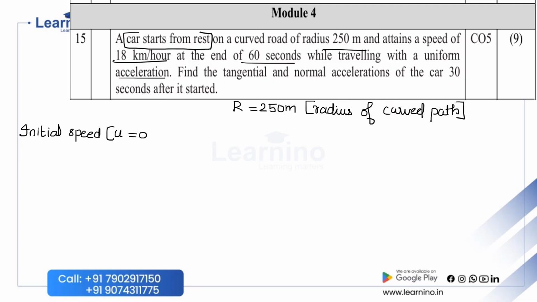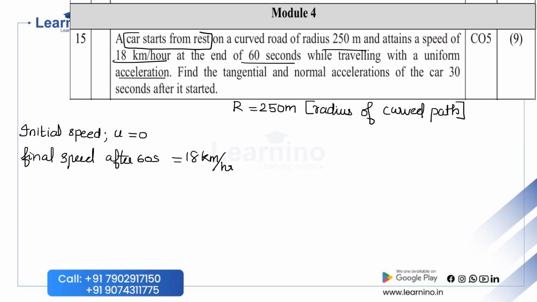So after 60 seconds it attains a uniform speed. So we can write the final speed after 60 seconds. What is the final speed after 60 seconds? The final speed after 60 seconds is 18 km per hour.